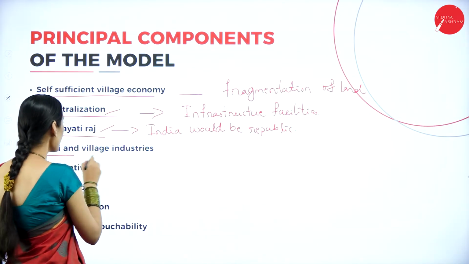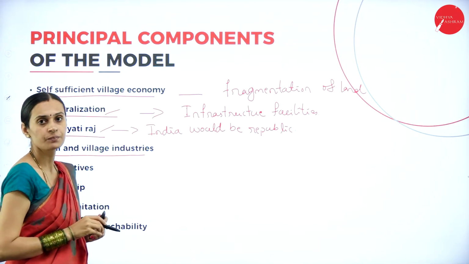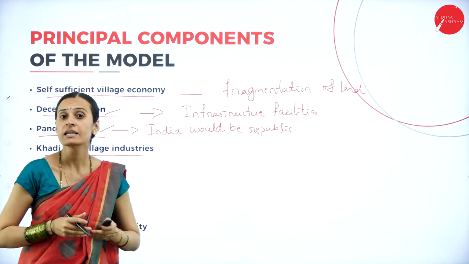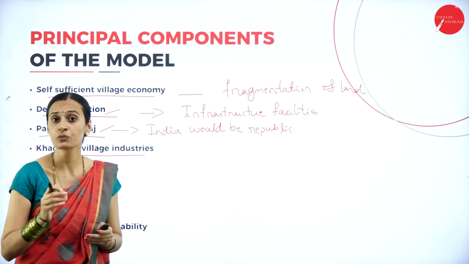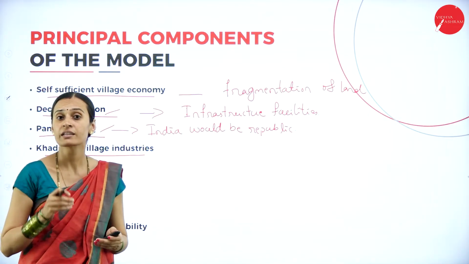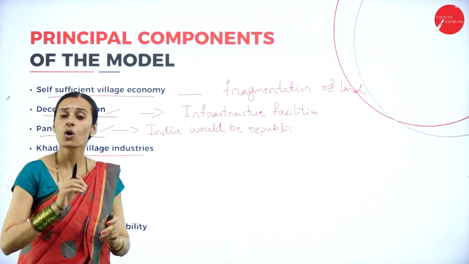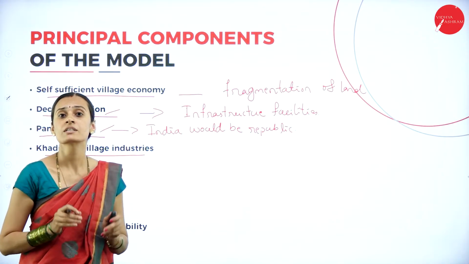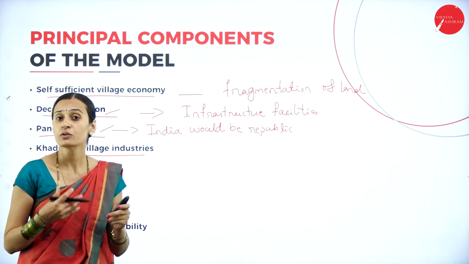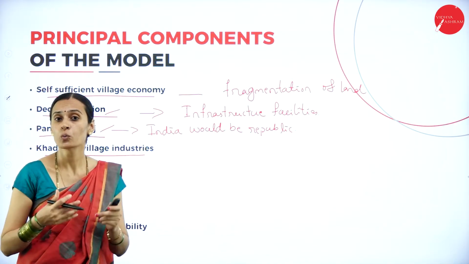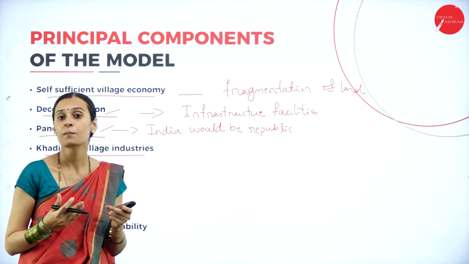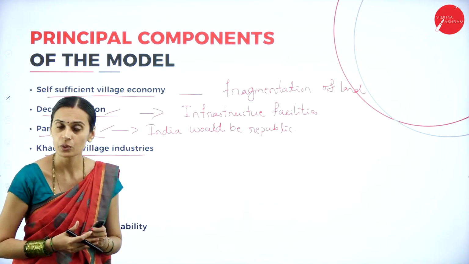And the next one is khadi and village industries. Gandhiji personally used the spinning wheel for producing his clothes. Yes, and of course, he taught everyone about self-sufficiency, and it made the rural people self-sufficient by producing their own clothes.